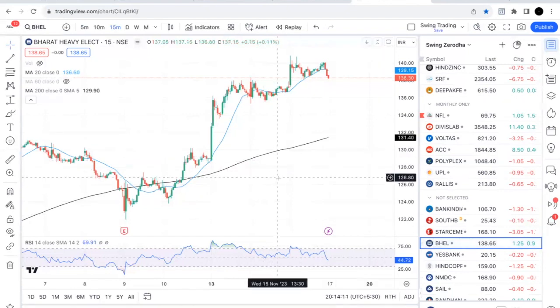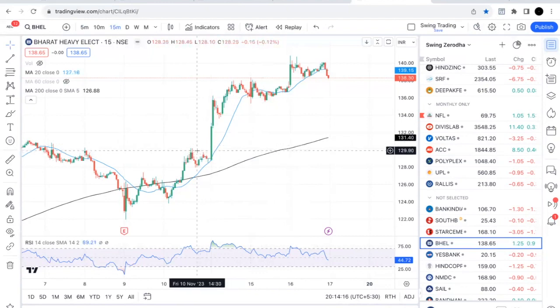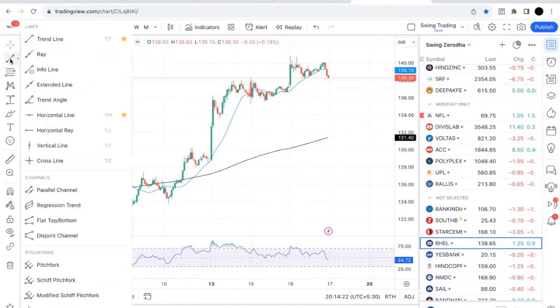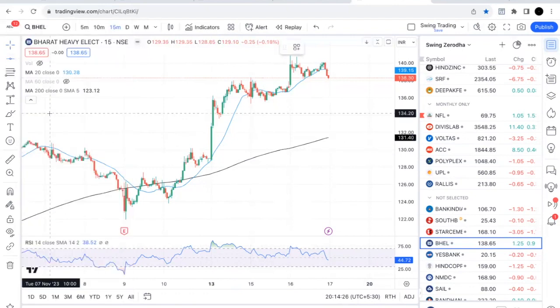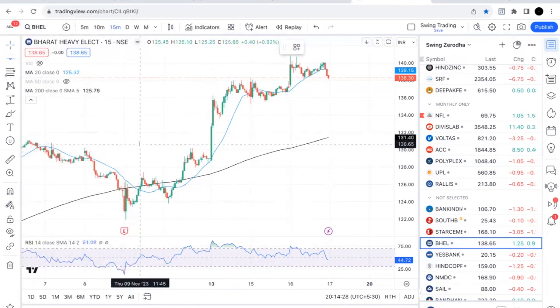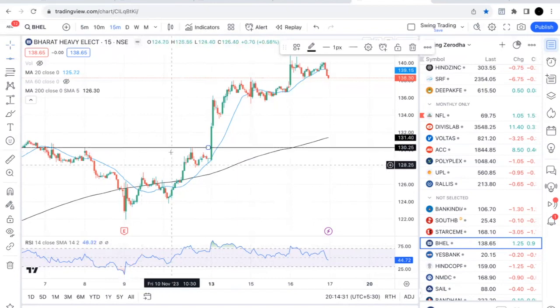Okay. Now, the second question is this. You were talking about support and resistance, right? Now, for example, here is a point of support right here.